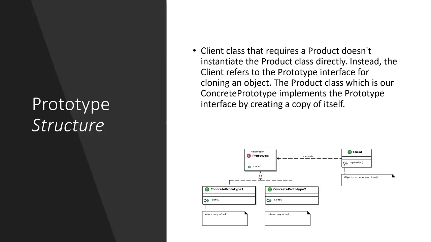So the solution to achieve this scenario is in our class diagram. What is in the class diagram here? Here again, we have a client and library kind of structure. Client will be calling our library to get the object itself. And this library is a combination of this. Our concrete prototype one is our actual class, and prototype is our interface. This prototype is our interface, which contains a clone method.